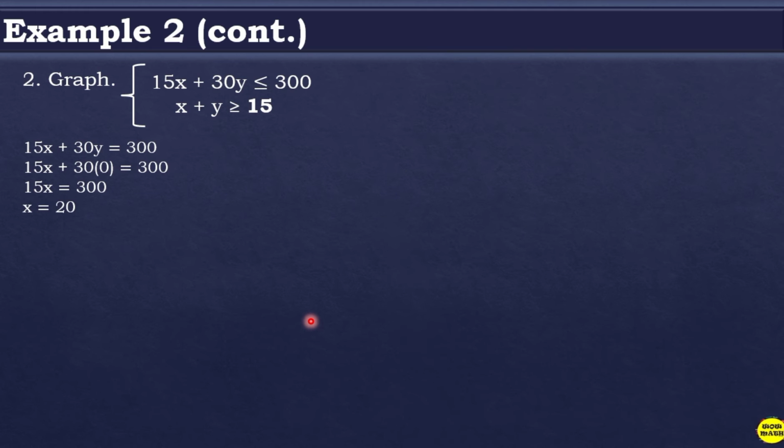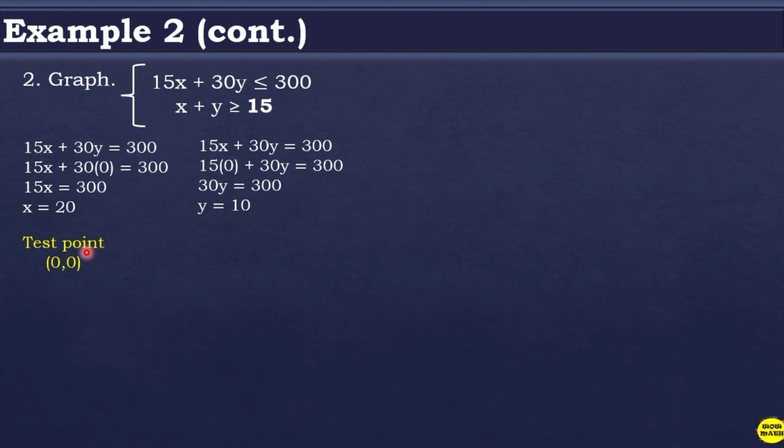Okay, so kunin natin ang x-intercept nito, that is 20. Kunin natin ang y-intercept, that is 10. Okay? So, hindi na tayo magtatagal dito ha, kasi ito ay na-discuss na po natin ng paulit-ulit sa kung linear equations pa lang. Okay? So, 20 and then 10. So, kuha tayo ng test point.